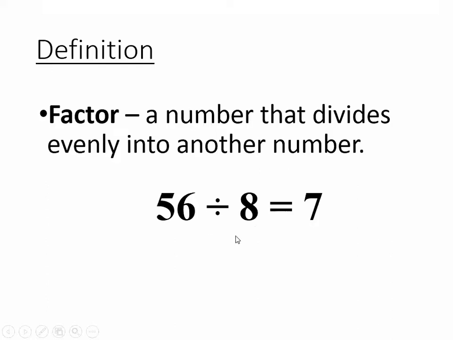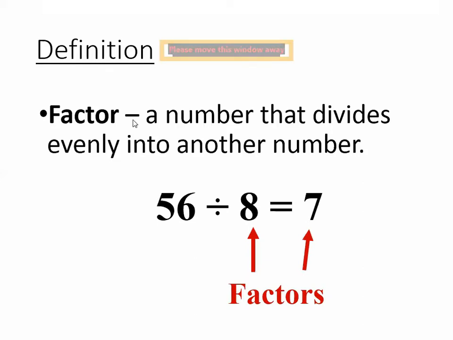So when we divide 56 by 8, we write 56 divided by 8, and the factor will be 7, because 7 completely divides 56. So 7 is the number which evenly divides 56. So 7 is a factor of 56 and 8 is a factor as well. It means that by 7 and 8 we can divide 56. So 8 and 7 are the factors of 56.